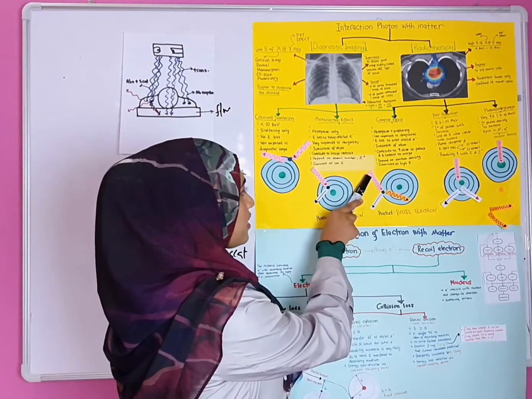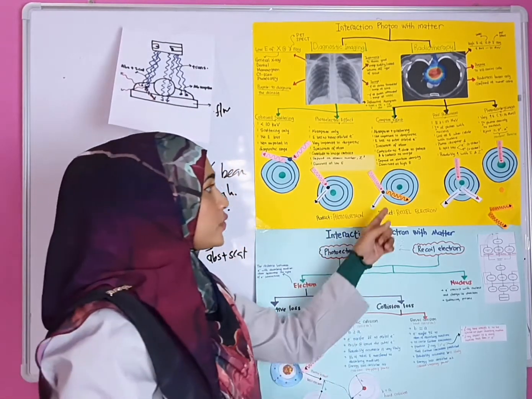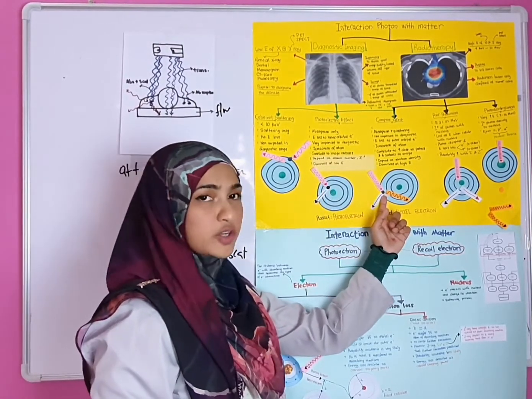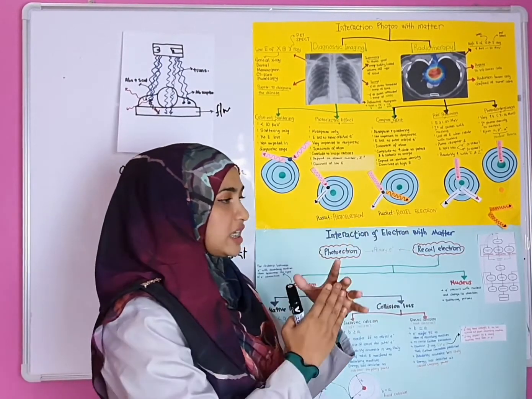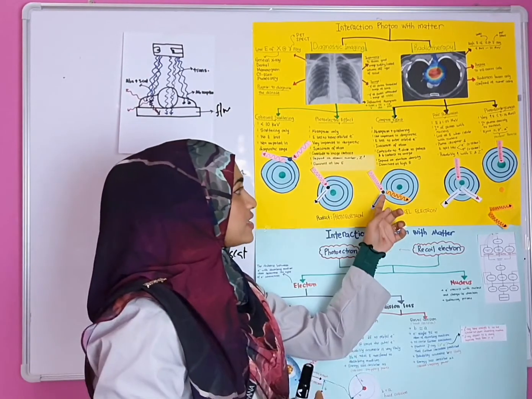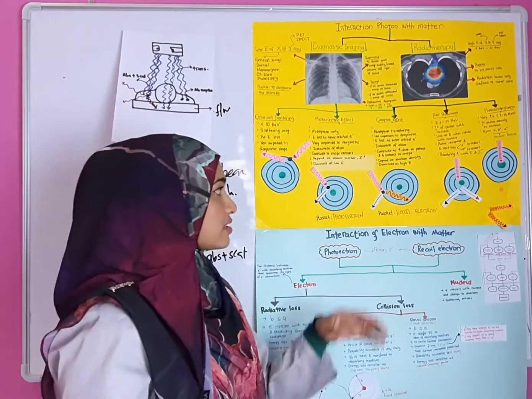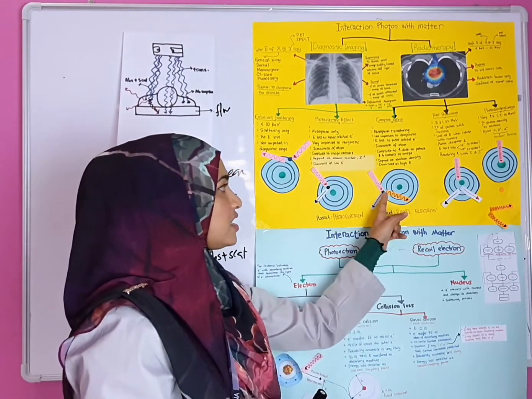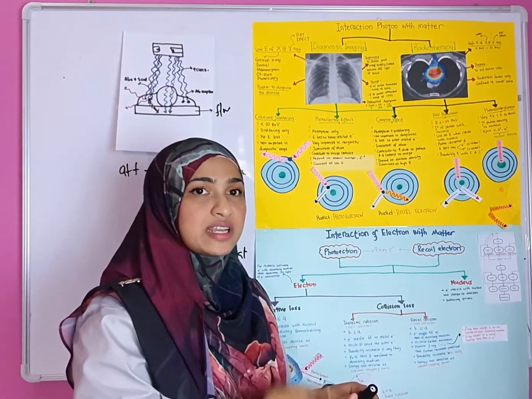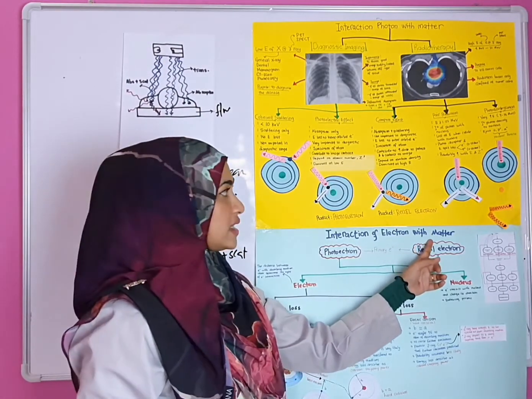The incoming photon transfers a part of its energy to the outer orbital shell. Compared to here, which is inner, this is the outer orbital shell. A part of the energy is used to overcome the binding energy, causing this electron to be ejected from the orbital shell, and another part of the energy is used to travel and hit other atoms, which we are going to look at in the interaction of electrons with the metal electrons.